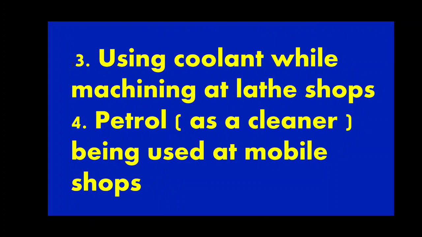Now the next is petrol. Why is it used as a cleaner? Because it is less viscous than water. Since the viscosity of water is 1, petrol and alcohol have viscosity less than water. Honey and other liquids like ghee have more viscosity than water.